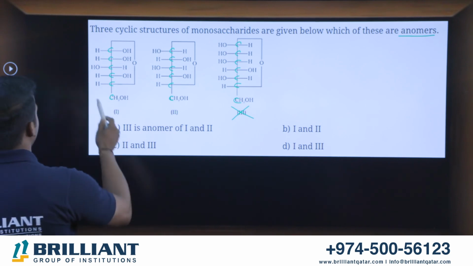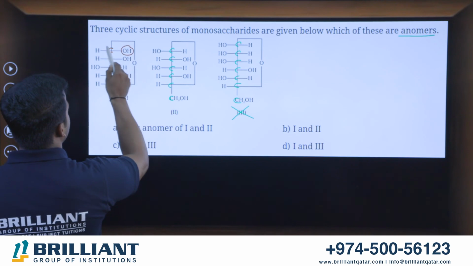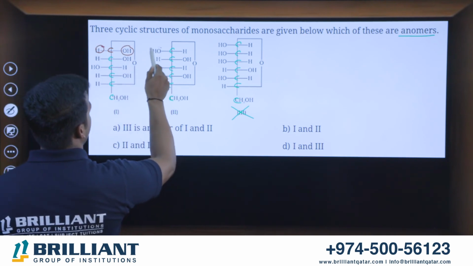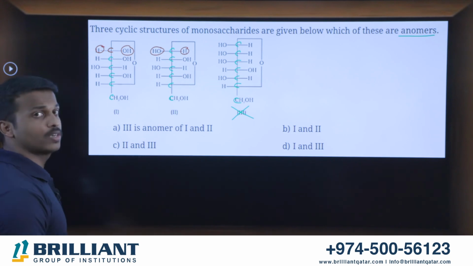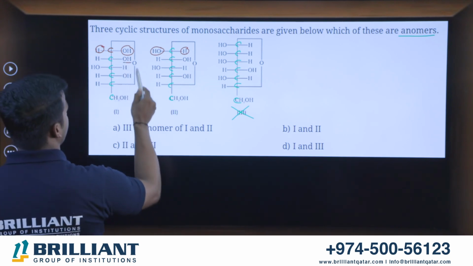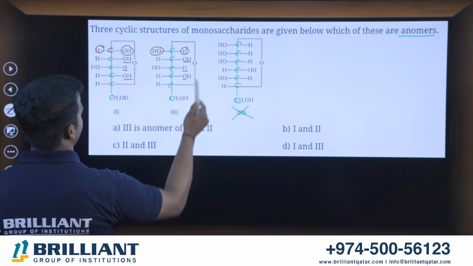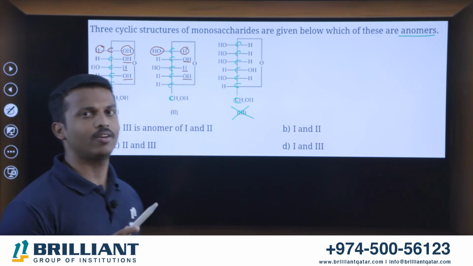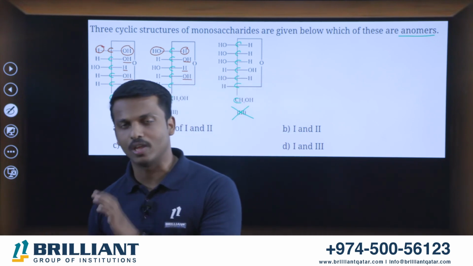You can see, dear all of you, in the first one, the first carbon atom has OH on the right side, H on the left side. What about here? Opposite. OH left side, hydrogen right side. And all other carbons remain the same? Yes. OH right, OH right, H right, H right, OH right, OH right. So here only one carbon atom's configuration is different and they have the same molecular formula.